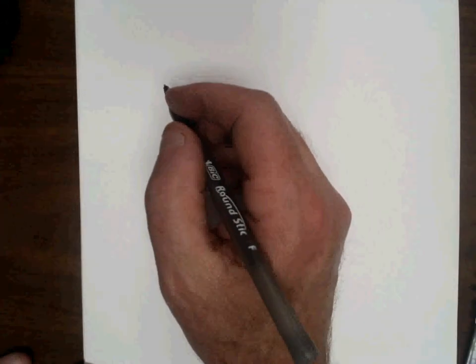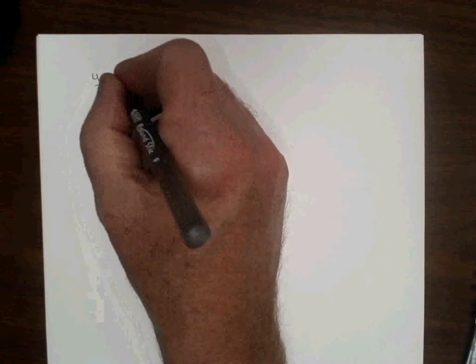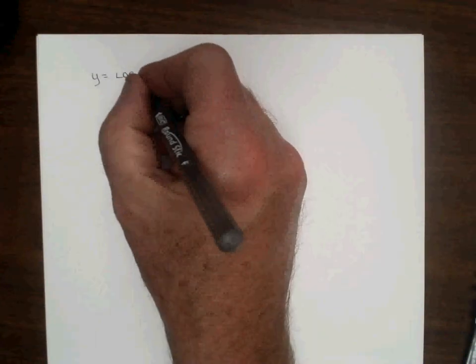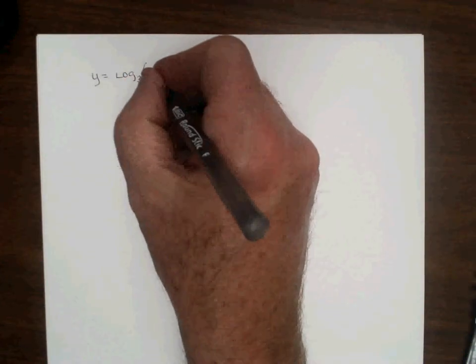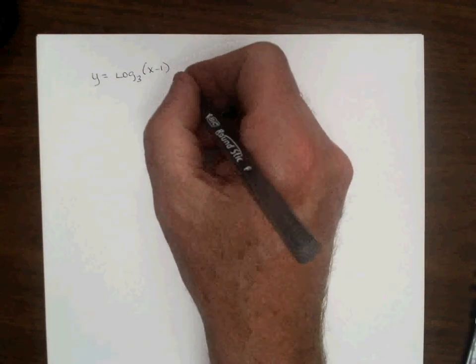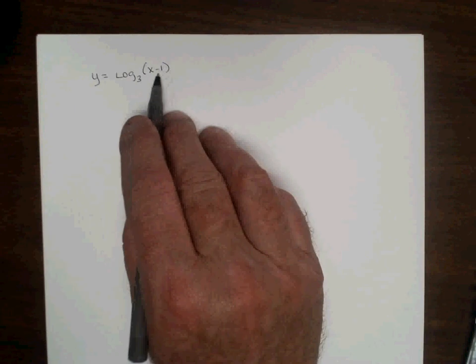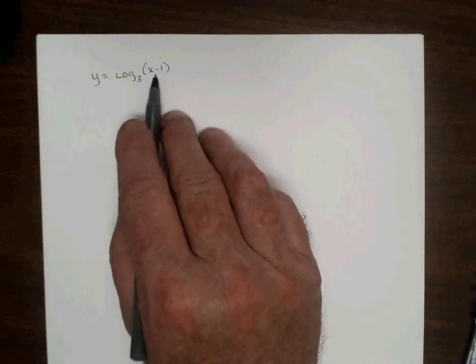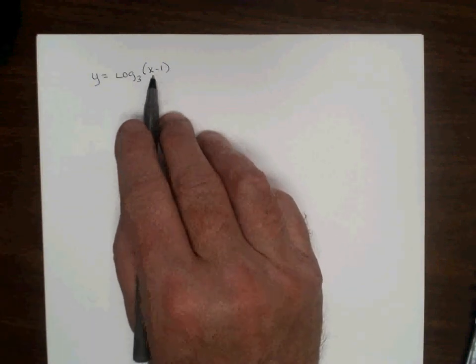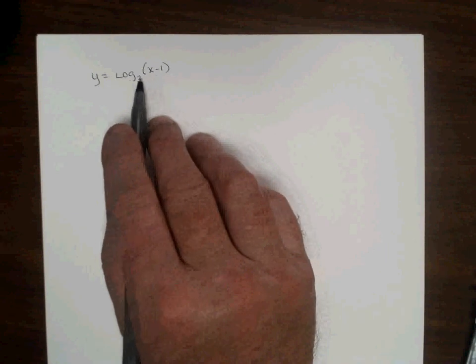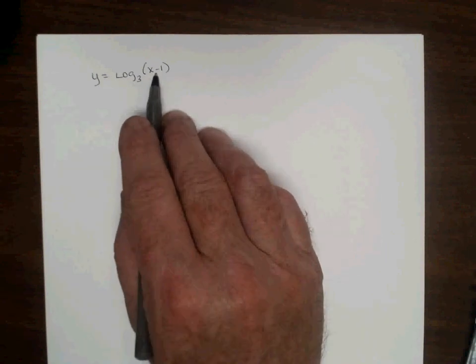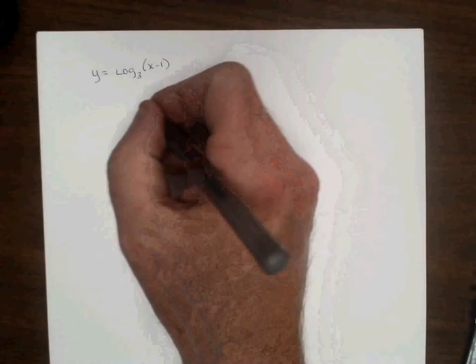So let's look and see at a couple of functions and let's see what happens here. If you were to graph y equals log base 3 of x minus 1, or g of x now is a little more complicated, but really and truly this is just a translation 1 unit to the right of log base 3 of x.